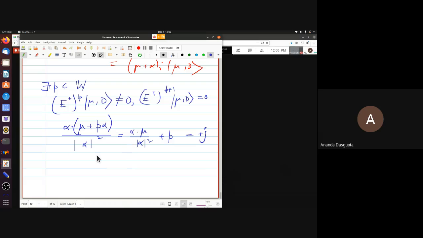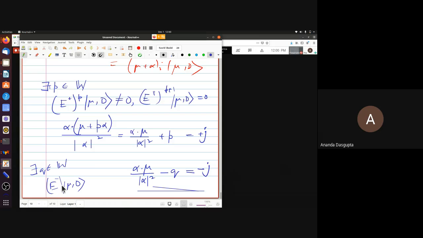And there should be another whole number, non-negative integer q, such that, is that okay? You realize where this comes from? The lower bound. You basically take mu d and keep on hitting it with E minus.